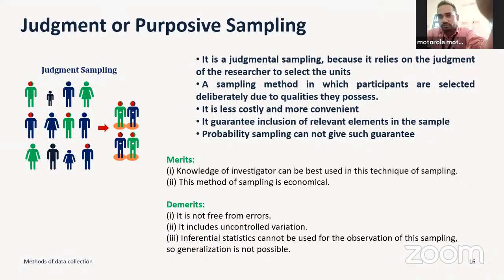Another limitation of this sampling is that it is a highly sampling-error-prone method, because we cannot guarantee to select a bias-free sample with this method, because we are already applying some characteristics or some factors for the selection. So intentionally we are selecting such a sample based on the knowledge of the researcher.